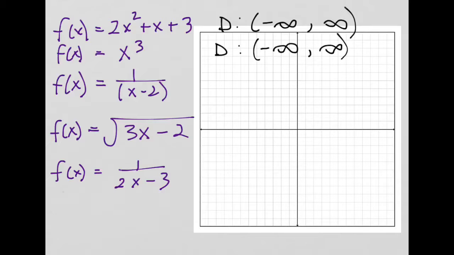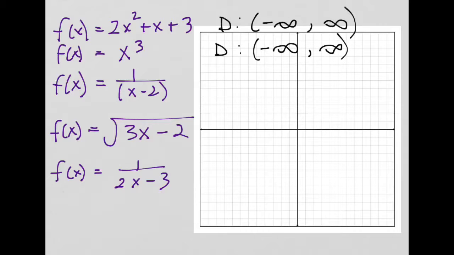Okay, now when we get down to this third one here, if x is 2, we've got 2 minus 2 equals 0 in the denominator here. So 2 is a problem number. If x is equal to 2, then I've got an undefined denominator. I've got 1 over 0, undefined. All right, so what we say here is you're going to leave 2 out.